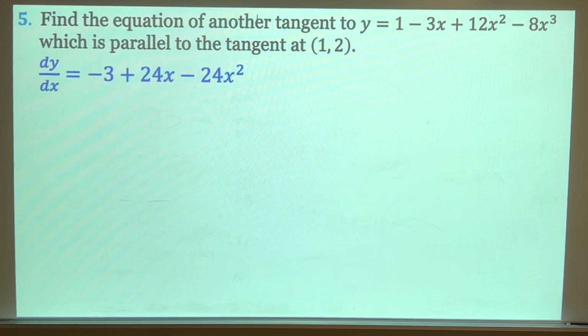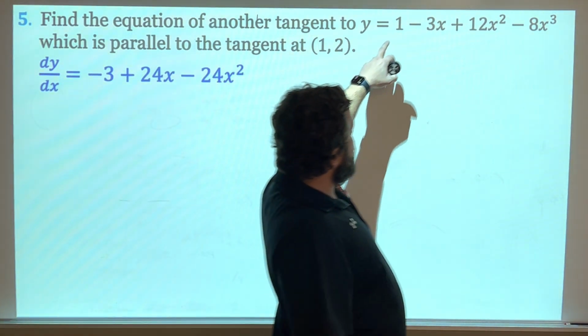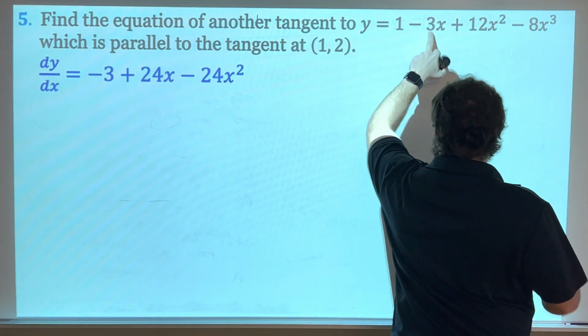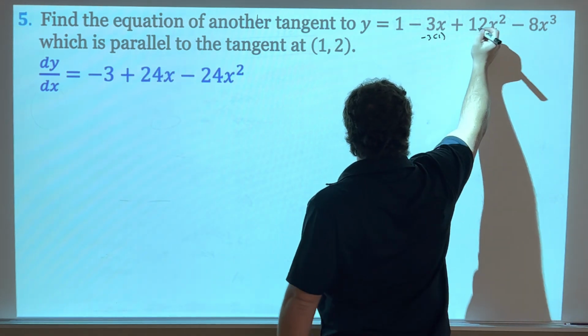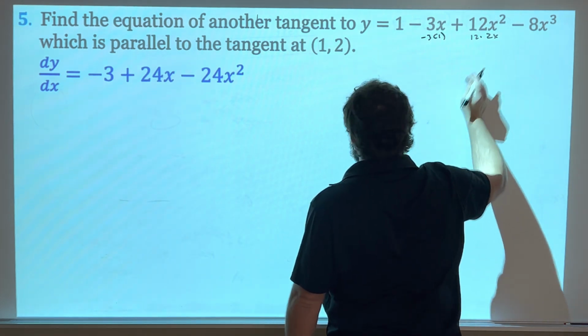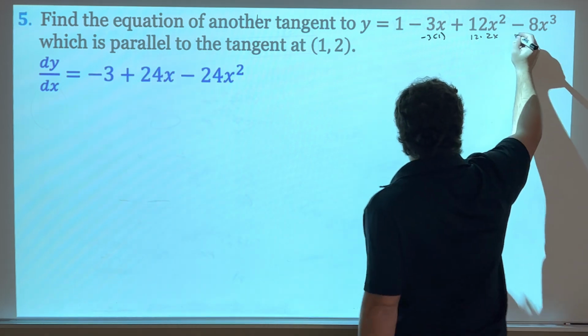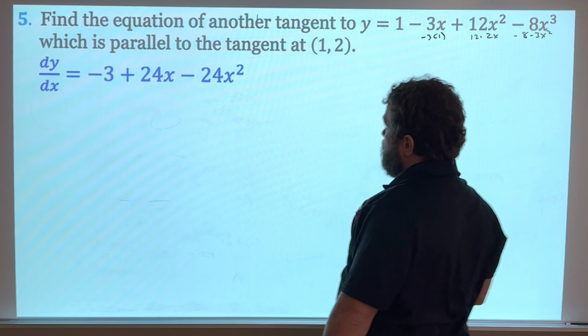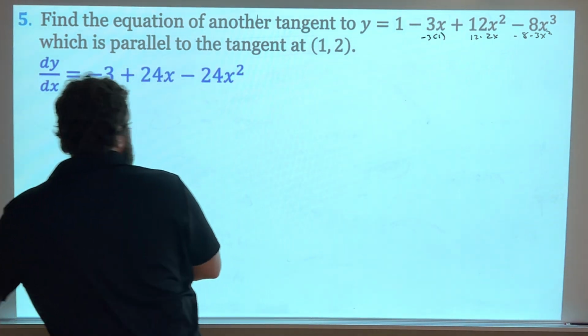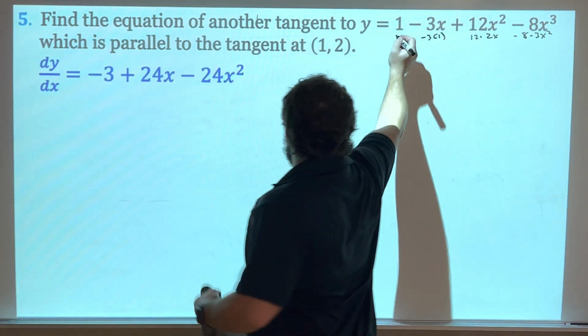First thing you do is derive it. Derivative of 1 is 0. Derivative of negative 3x is negative 3 times 1, which is negative 3. Derivative of 12x squared is 12 times 2x, 24x, and the derivative of minus 8x cubed is minus 8 times 3x squared, so that's minus 24x squared.